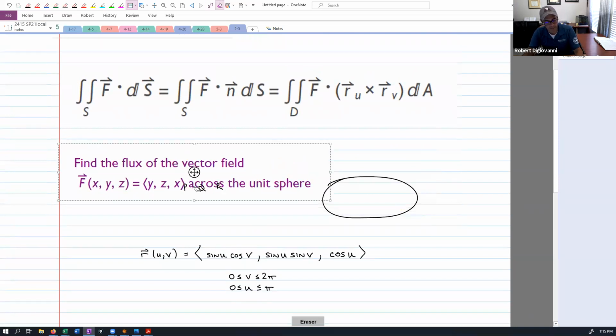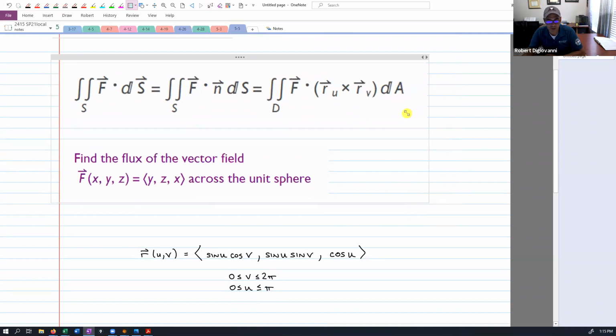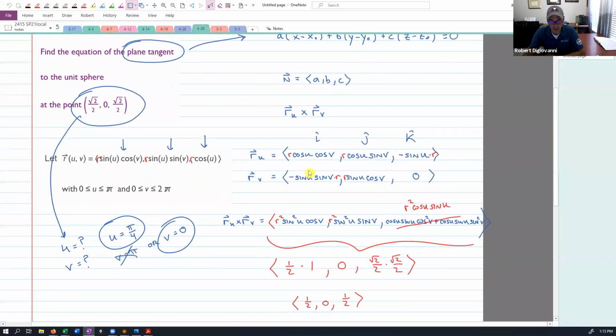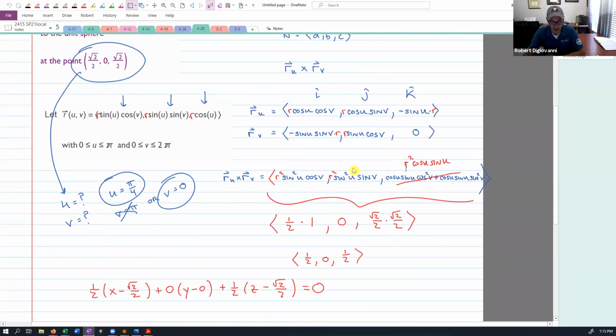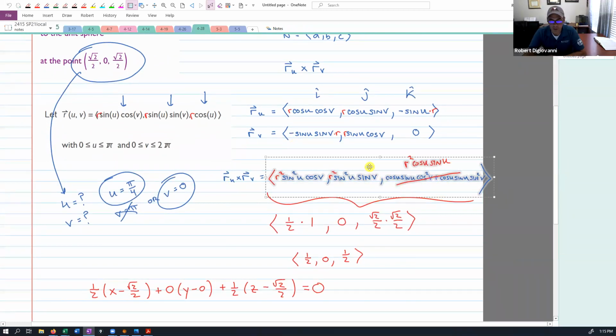Okay, next thing. I'm going to need to cross the partials. Now, again, we've done that before, didn't we? We took the partials, we crossed them, and this is what we got right here. I'm going to just copy this if I can.